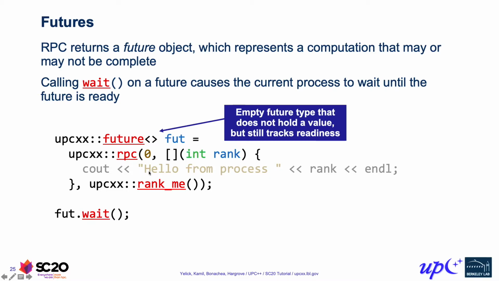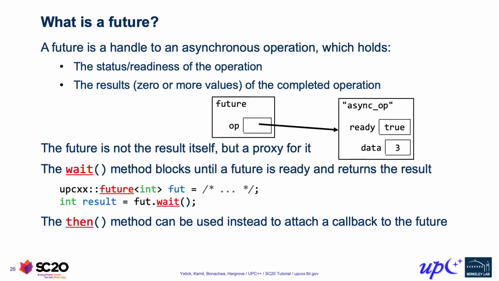However, in this case, we have a void return, so we actually have an empty future as a result. Now, because this is empty, this future doesn't track a value, but it still does track the completion of that operation. Okay, and so we can go ahead and call wait on it to make sure that the operation is completed before moving forward.